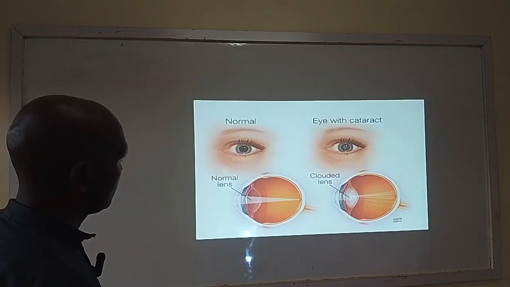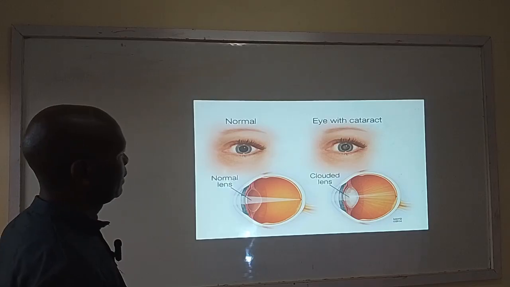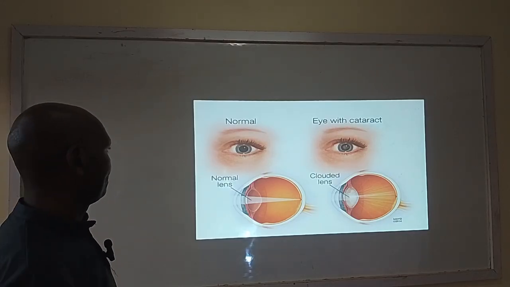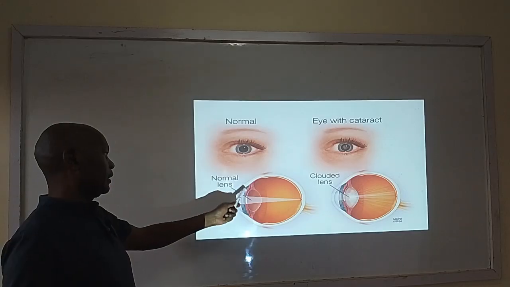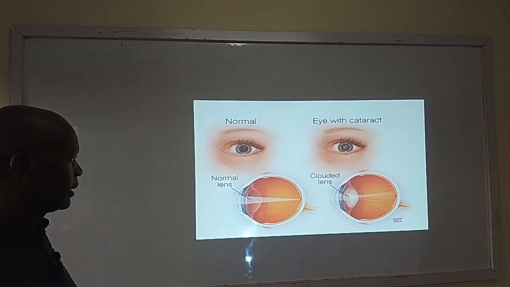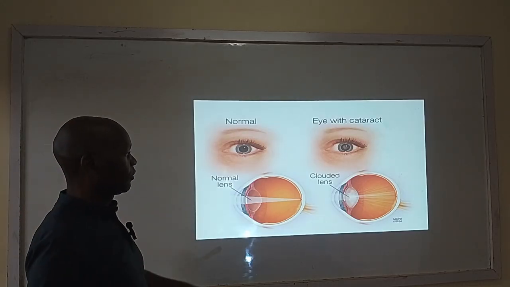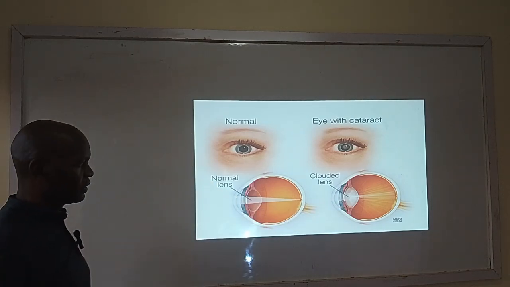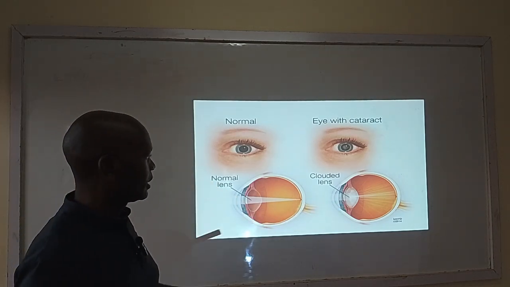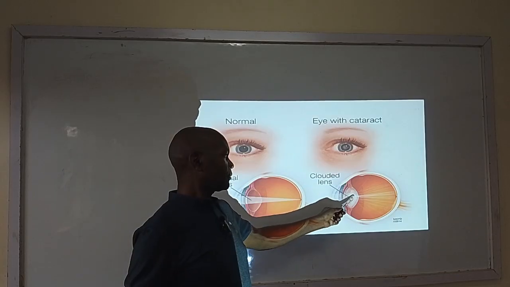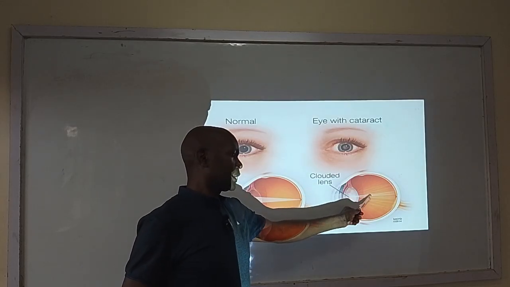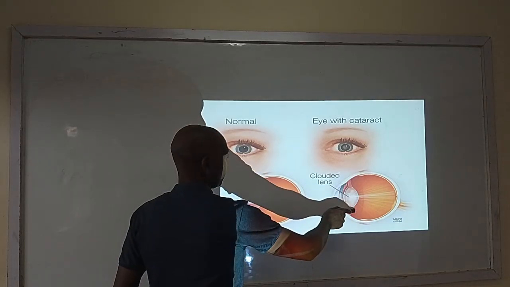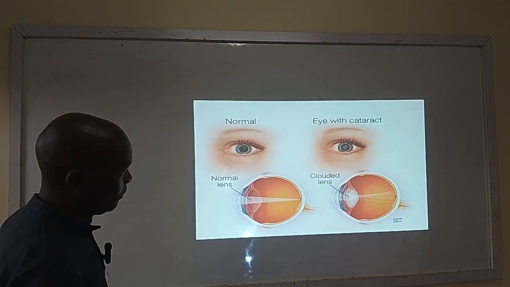Still, this one shows us what a normal eye looks like and how an eye with cataracts looks like. With a normal eye, the lenses are clear and transparent, but in a clouded lens or opacified lens, you can see light is scattered. Light is scattered. So it's meeting obstruction within the lens.